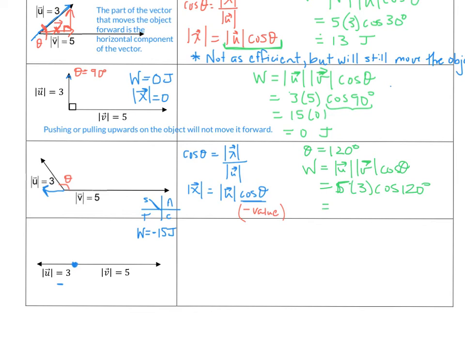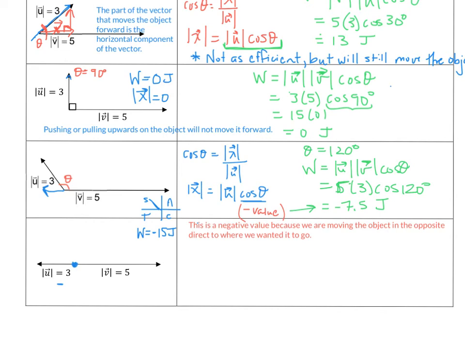So 15 times cosine 120, that is a negative, and that gives me negative 7.5. So our work here is negative because we're not moving in the direction we wanted it to move. We're actually moving it in the opposite direction to where we wanted it to go. So that statement will be true for both of these last two examples here.